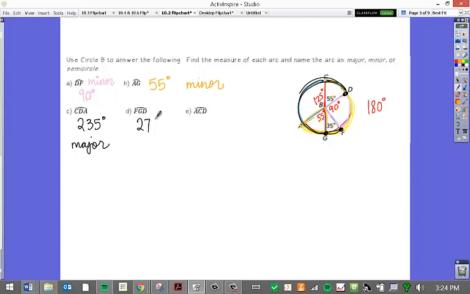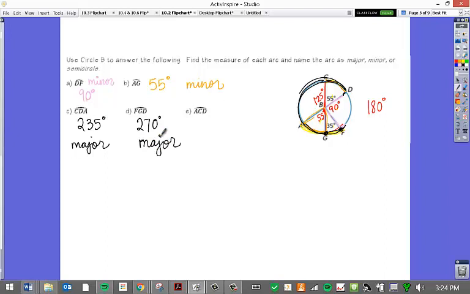Or another way you can think about it is all the way around the circle would be 360. I'm just not going this distance DF, so I just subtract DF, which is 90, from 360. And 360 minus 90 is 270. So since the measure of that arc is bigger than 180, it's also major.